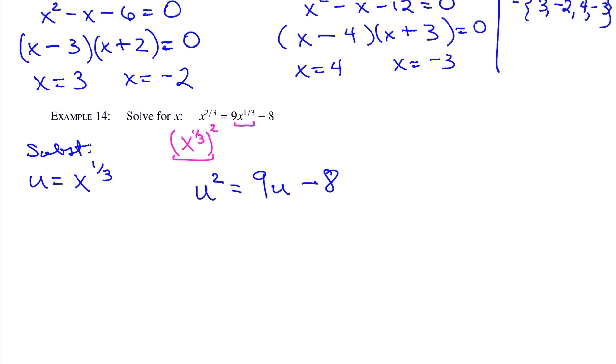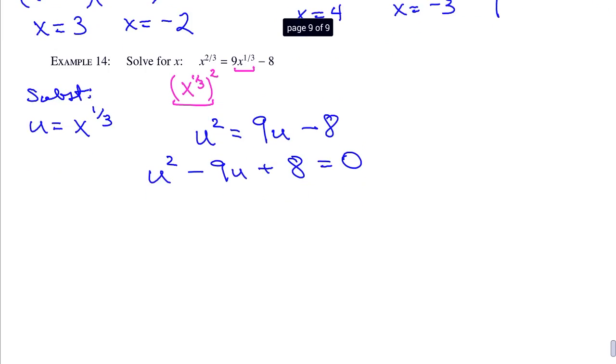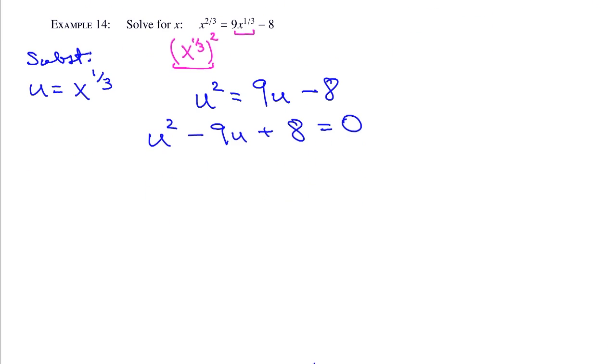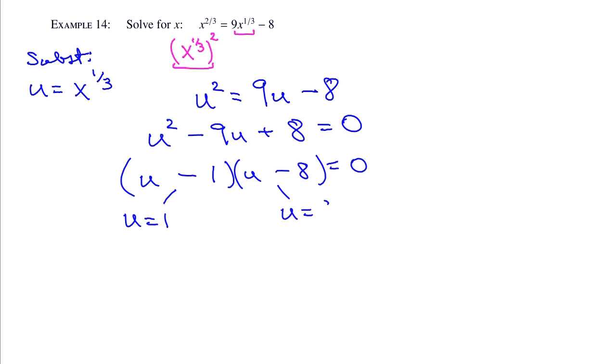We have a quadratic, we move everything to the left. So we get u squared minus 9u plus 8 equals 0. I'm going to factor u and u. 8 and 1, minus and minus. When we split these up and set them equal to 0, we get u equals 1 and u equals 8.